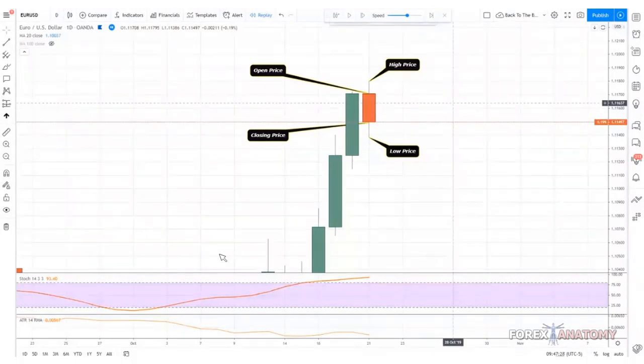The good thing about candles is that they are color coded, which makes it easier for us, and they contain 4 sets of data, or 4 data points. Whereas with the line chart, we only got 1 data point: the closing price for that time period, and it can only reveal directionality.